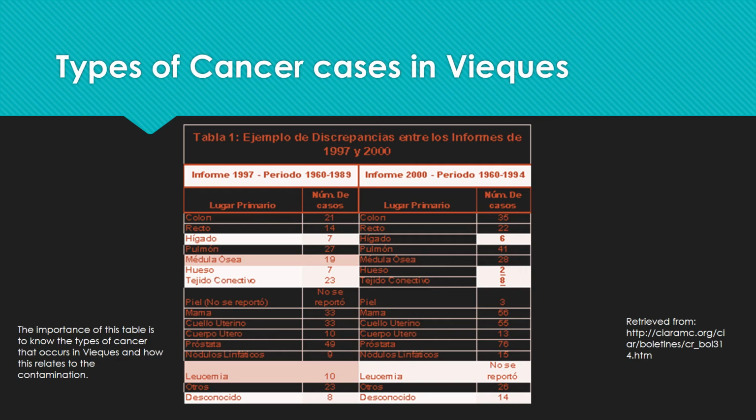So there's a difference of 5 years. You can see that in the first report, the most cases of cancer is prostate cancer, then breast cancer, lung cancer, and colon cancer is one of the largest cases in the report of 97. But in the report of 2000, there's like double the cases: prostate cancer almost 76 cases, breast cancer 56 cases, and lung cancer, colon cancer.